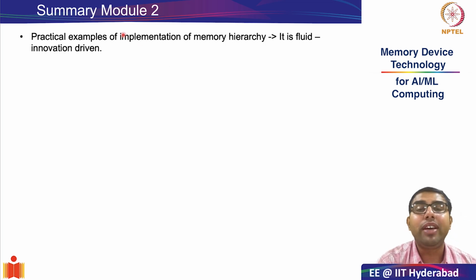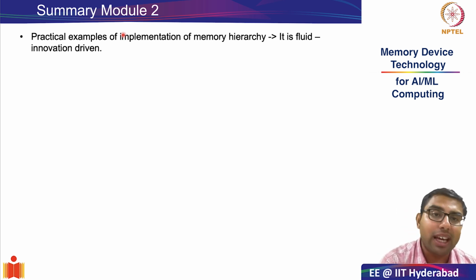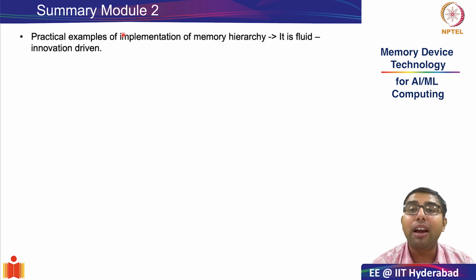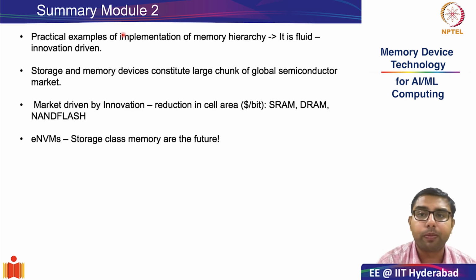First, we carried on with our understanding of memory hierarchy by looking at some practical examples from MacBook Air and from your Samsung Galaxy S20. We saw that memory hierarchy is always continuously changing. It is fluid and it is driven by innovation.